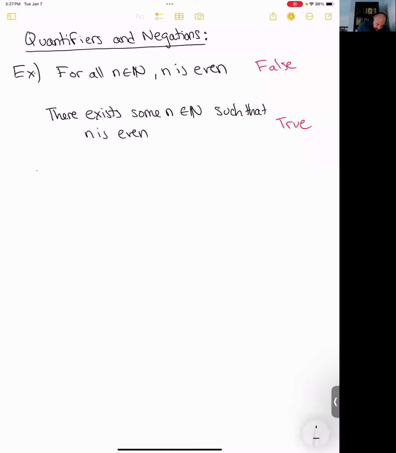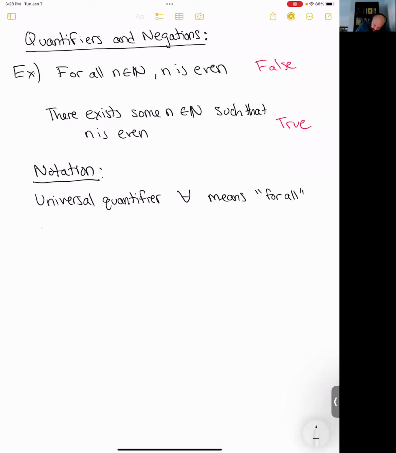And so in notation, we're going to have two different things here. We'll have the universal quantifier, which is denoted by this upside down A, which means for all.